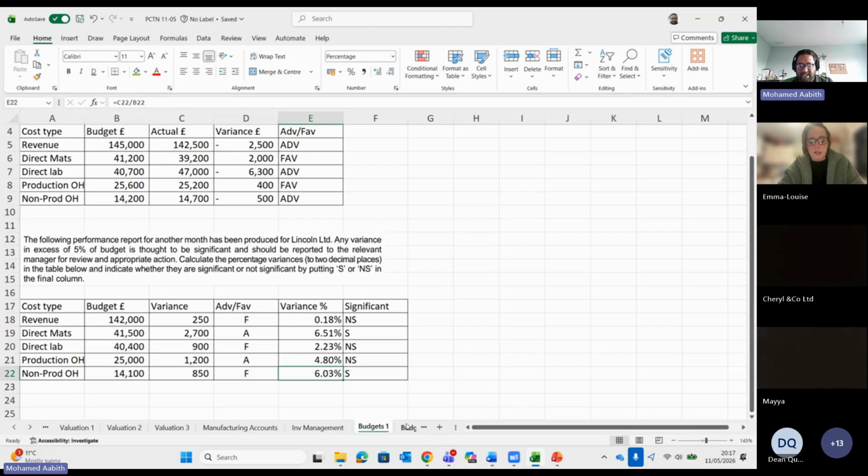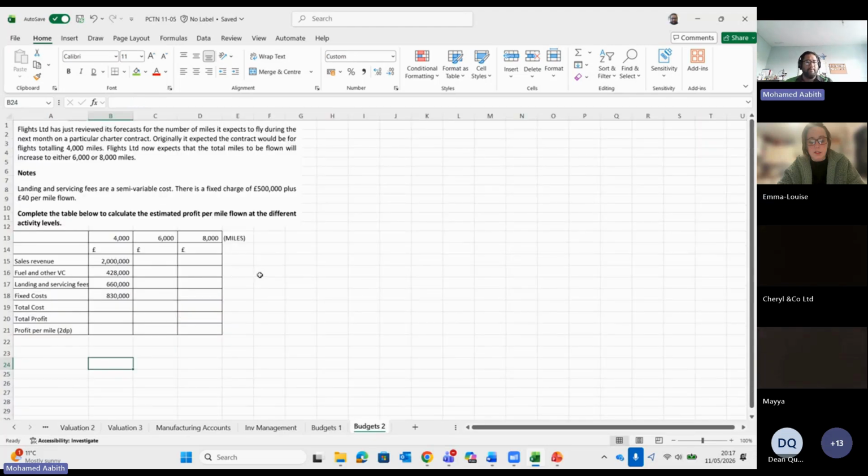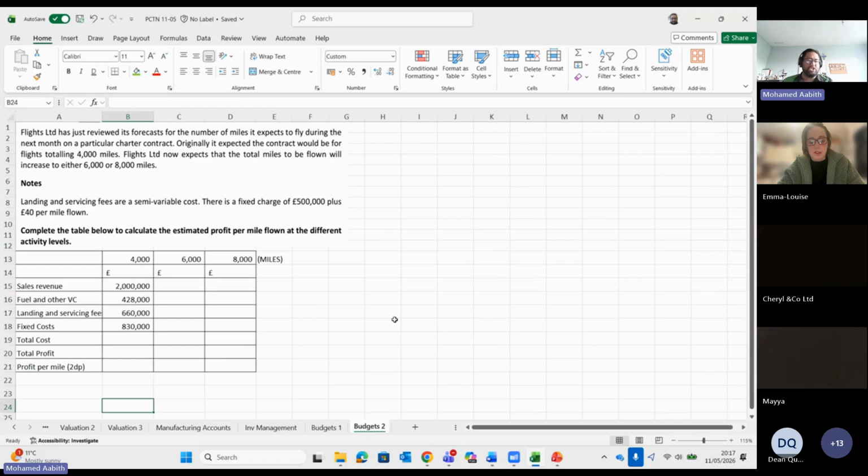Now let's look at the last question, shall we? This is a very stretching question, so I'll allow about 10 minutes for this. Flights Limited has just reviewed its forecast for the number of miles it expects to fly during the next month on a particular charter contract.